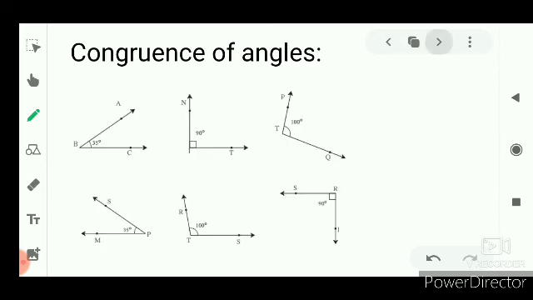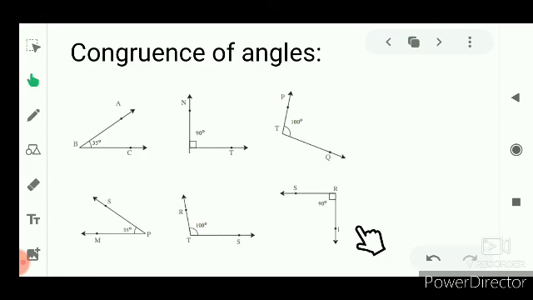Okay, the next thing that we have seen is the congruence of angles. Two angles are said to be congruent if their measures are equal. Okay, here some figures are given to you. Angle ABC is 35, angle NIT is 90 degrees, angle PTQ is 100 degrees, angle SPM is 35, angle RTS is 100 degrees, angle SRI is 90 degrees.